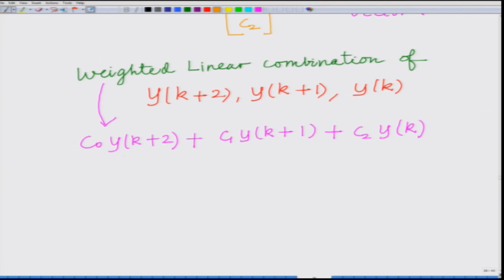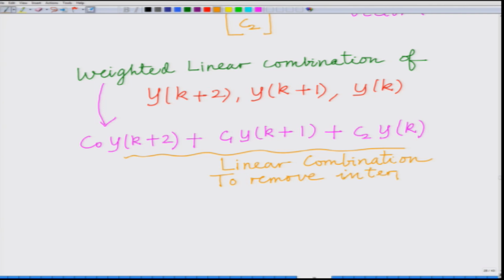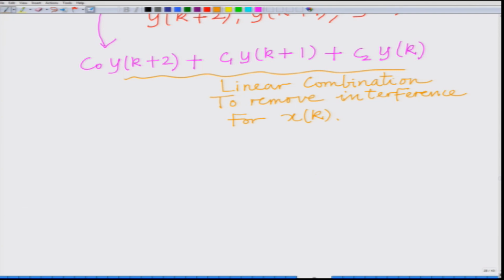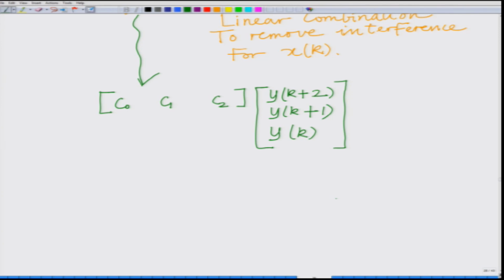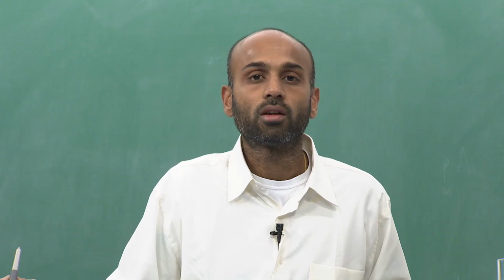So, we are performing this weighted linear combination to remove the interference for xk, and therefore, I can write this linear combination as the row vector C0, C1, C2 times the column vector yk plus 2, yk plus 1, yk.